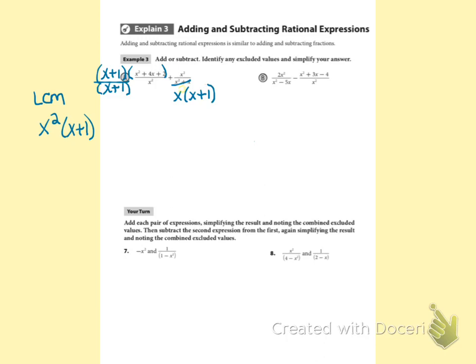And then the second expression is missing, well, it's got an x, but it's missing another x and then an x plus 1. So it needs another x on here. So I'm going to multiply the top and the bottom by an x. And so that's going to turn my denominators for both of them into x squared times x plus 1, which is, of course, that least common denominator.